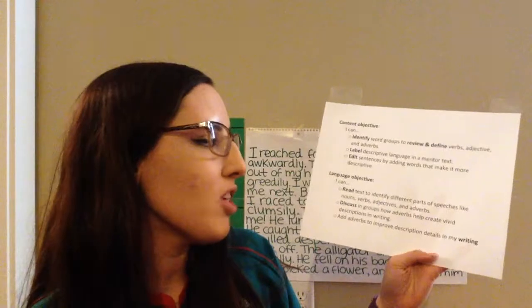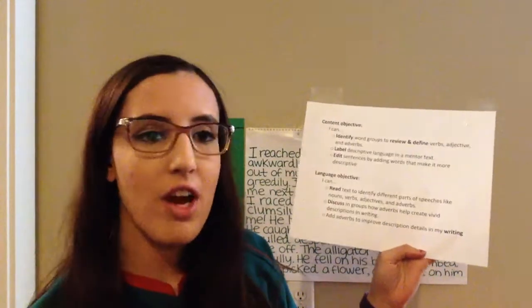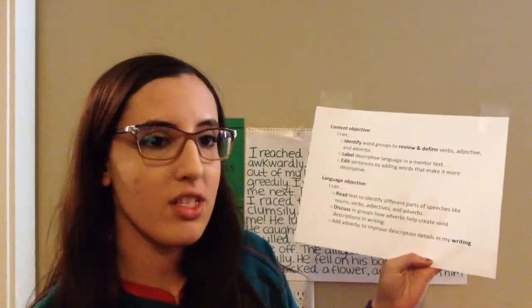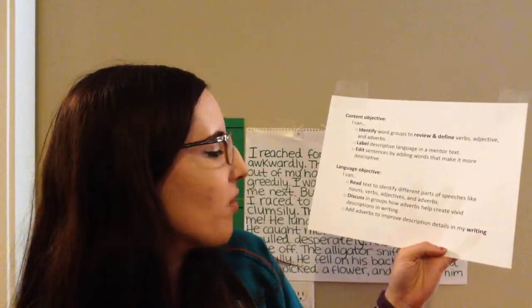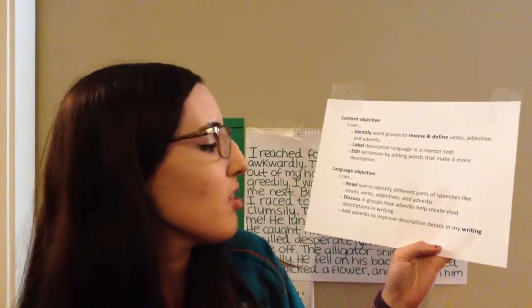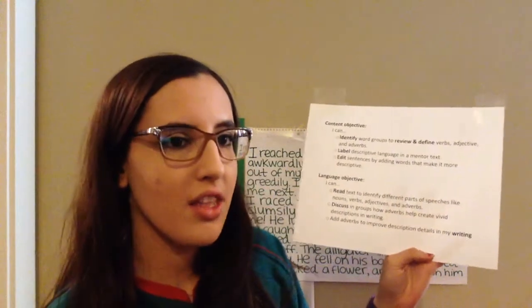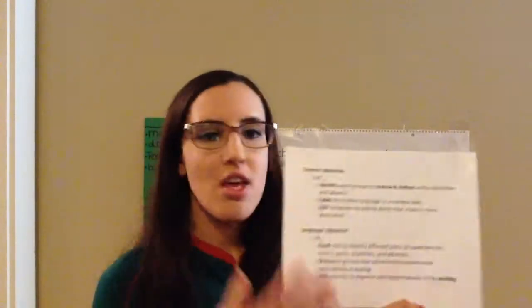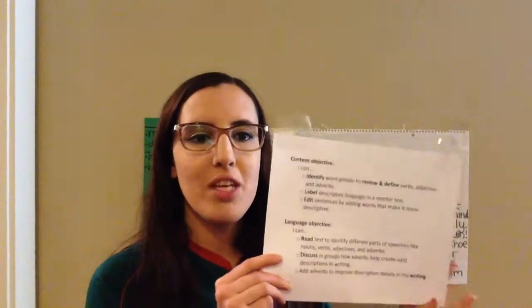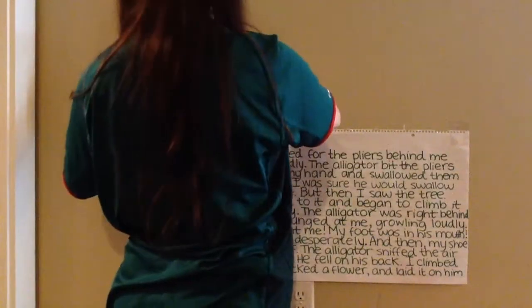This means that you're going to be talking to your partner in order to figure out what these words are doing to the text. And last but not least, we have I can add adverbs to improve description details in my writing. Again, this means that you're going to be getting writing that you've already written and editing it. All of these things are going to be accomplished by the end of our lesson, and we're going to put them up here so that way they're always displayed.